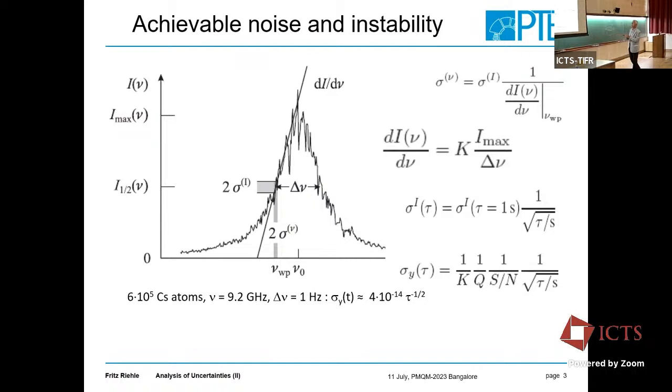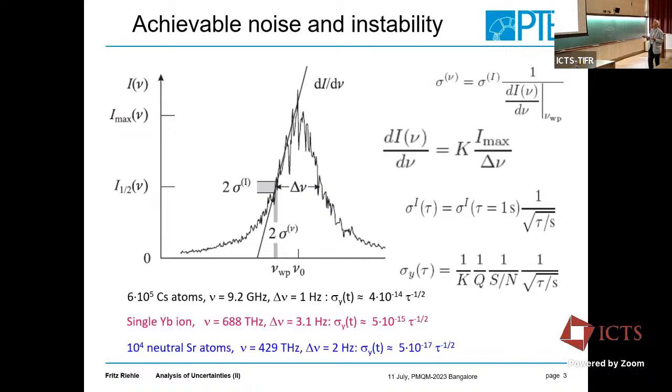And you see immediately, if I use optical frequencies, then this frequency is dramatically higher. And if the line width is something like 3 hertz for a single ytterbium ion, we could come down to a much lower instability of 5 times 10 to the minus 15, even for a single ion.